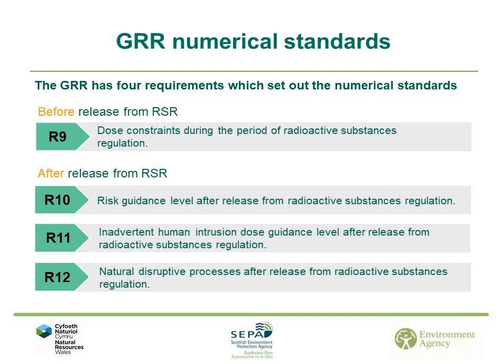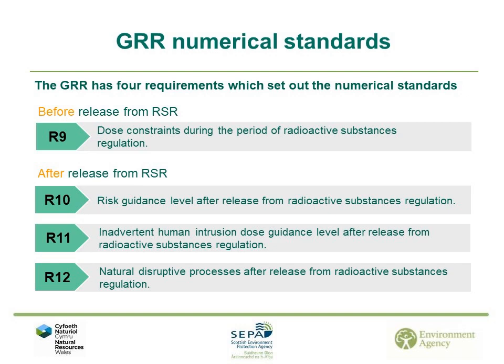Requirements R10, R11 and R12 apply after release from radioactive substances regulation and stipulate risk and dose guidance levels. Requirement R10 specifies a risk guidance level for protection of a representative person from the assessed risk from any radiological hazards remaining on a site.